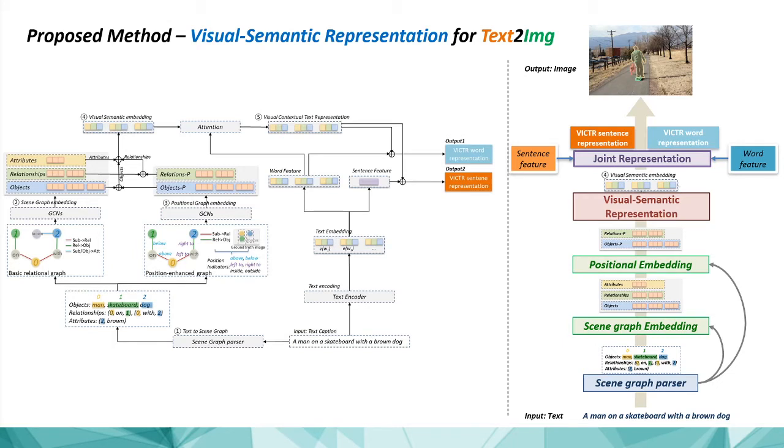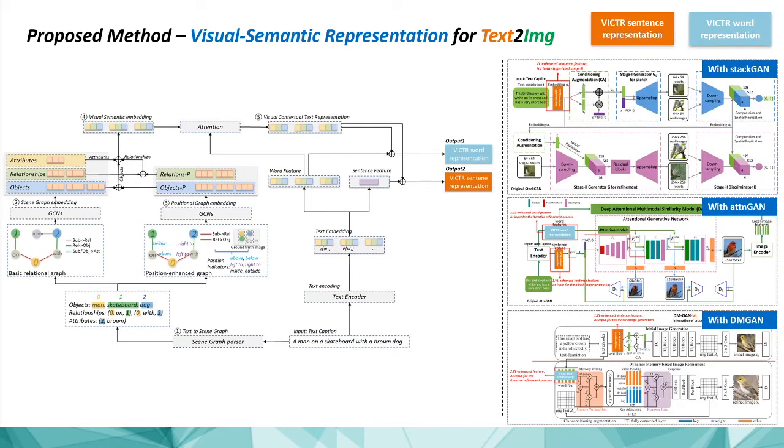This attended representation is then concatenated with the word embedding to get the final VICTR representation, visual contextual word representation. The final VICTR sentence representation is almost the same, but it is concatenated with the sentence embedding. Both the final VICTR sentence and word representations are used for generating the image.